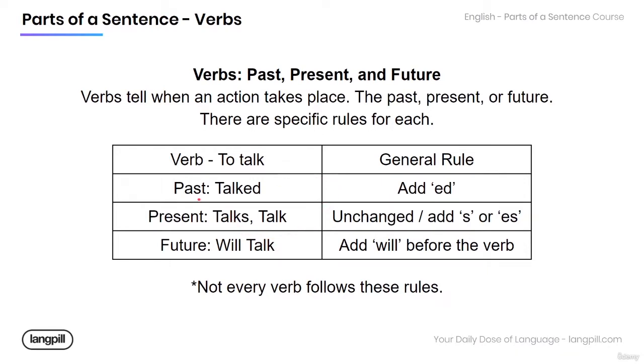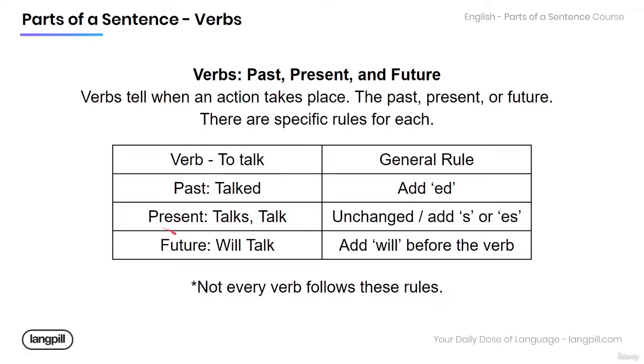Okay, so for the past tense, basically what you're going to do is add ed to the end of the verb. Okay, so if you see here, our verb is to talk. Okay, this is its base form, its infinitive form, to talk. But when we change it, we add things to the end. So talked is the past tense, we add ed.